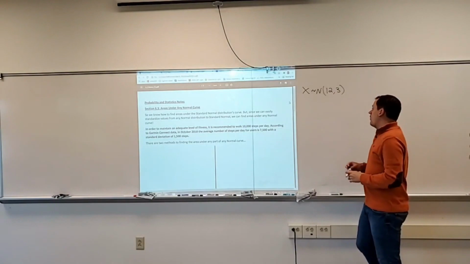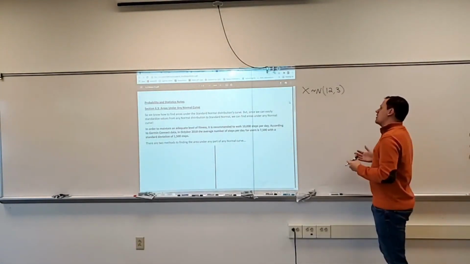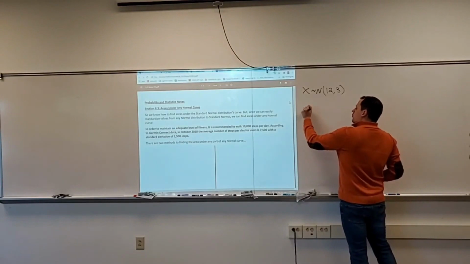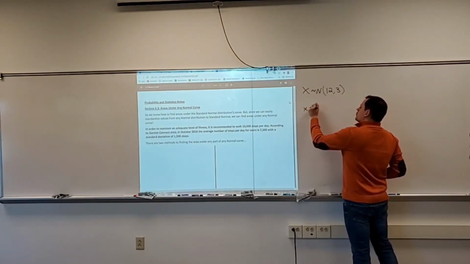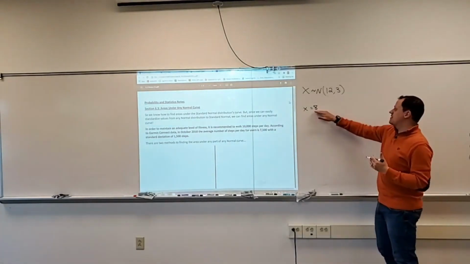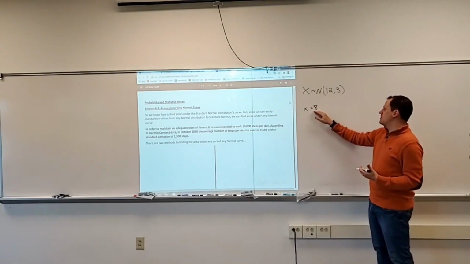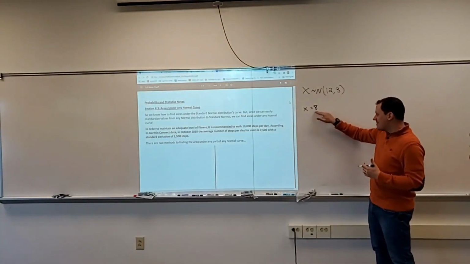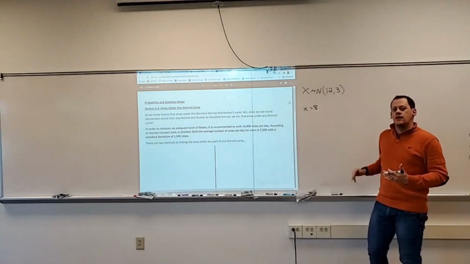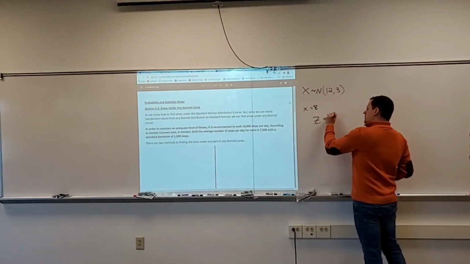What we found out was we could take any value from this distribution, say for one individual x is equal to 8, and we could standardize this value and find out how many standard deviations above or below the mean this individual value is. We did that by calculating a z-score using this formula.